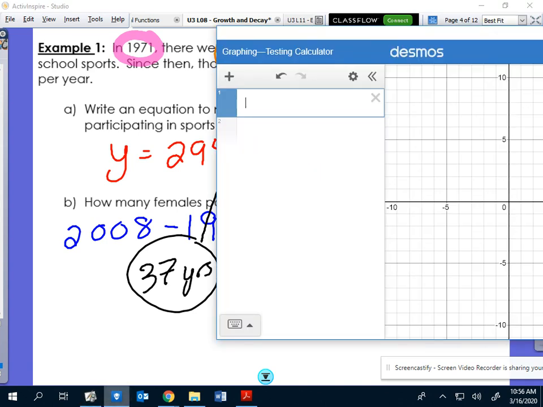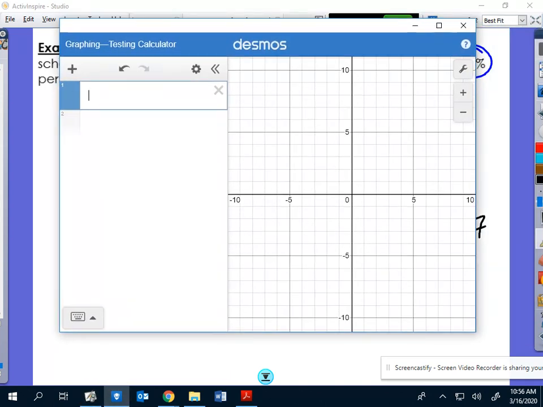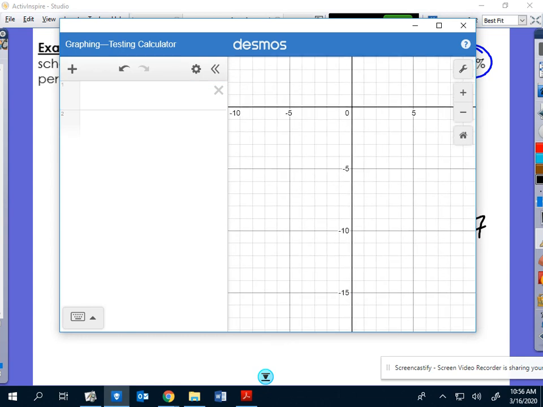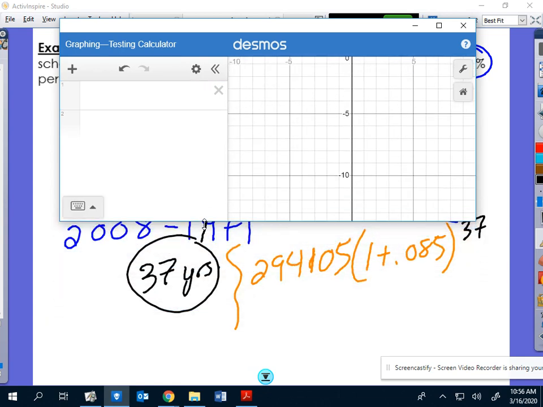So on your Desmos app, or any calculator for that matter, we're just going to type that equation into the box, our first box right here. 294,105, and then 1 plus 0.085 raised to, so be careful there, do shift 6, raised to the 37th power.